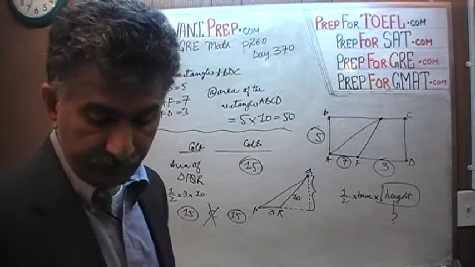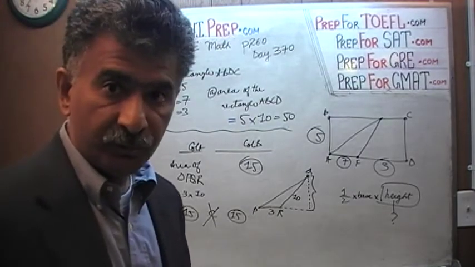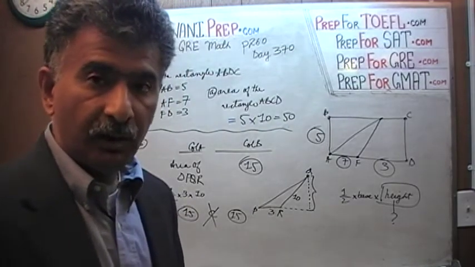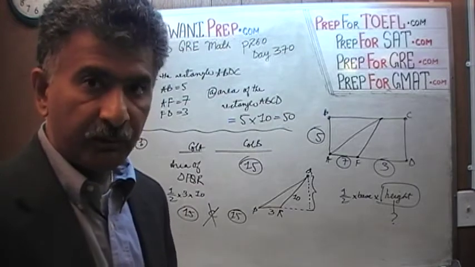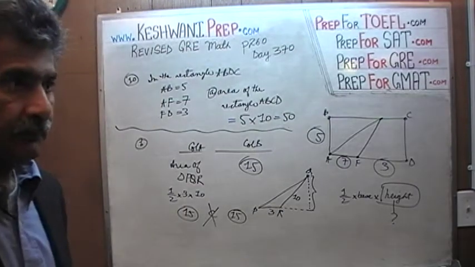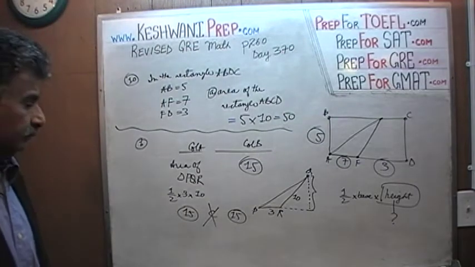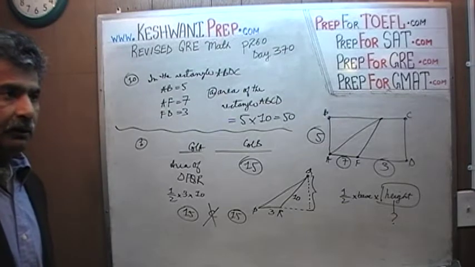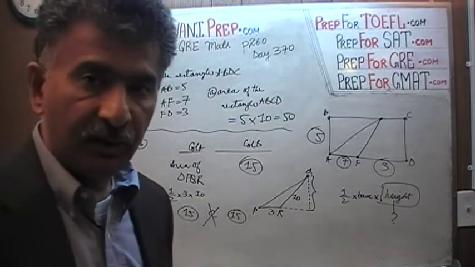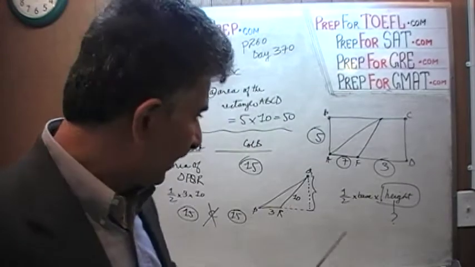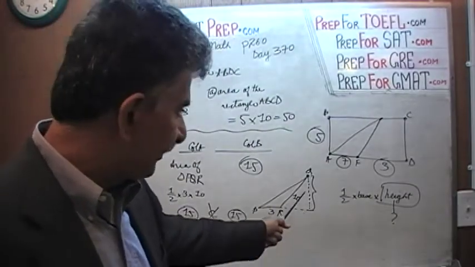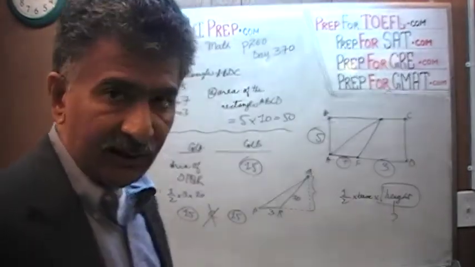So for the second category of students, again, if you want to pause the video at this point and solve it yourself, this is a good time to pause and unpause. I'll stop for 3 seconds. The second category of students, which is a little higher level, will actually realize that this is the height, 10 is not the height.